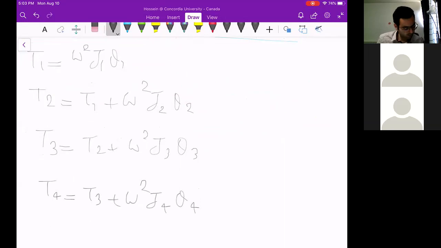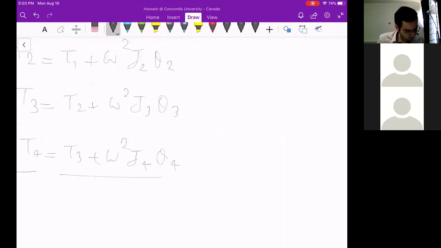According to the Holzer formula, the summation of the left side, T1 plus T2 plus T3 plus T4, so T4 is a summation of torque according to this formulation.